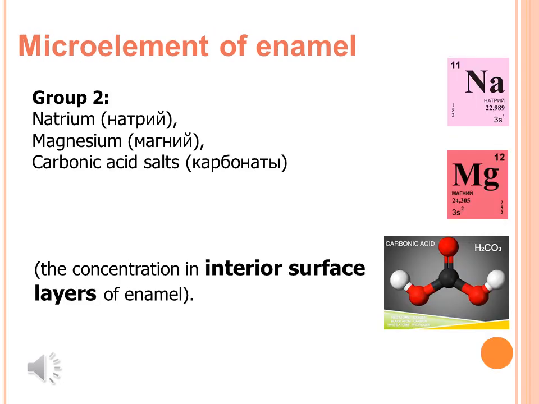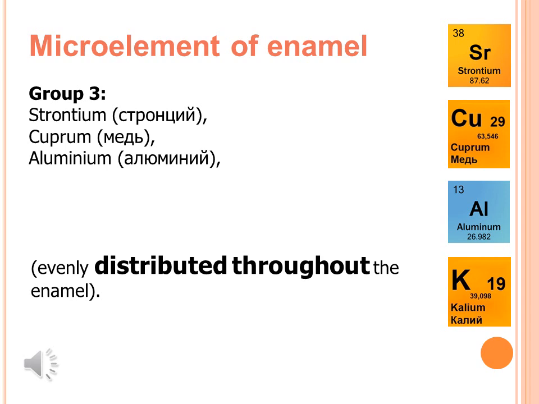The second group includes minerals which are most abundant in the deep layer of enamel. These include sodium, magnesium, carbonic acid salts. And the third group consists of minerals evenly distributed throughout the enamel. These include strontium, copper, aluminium.